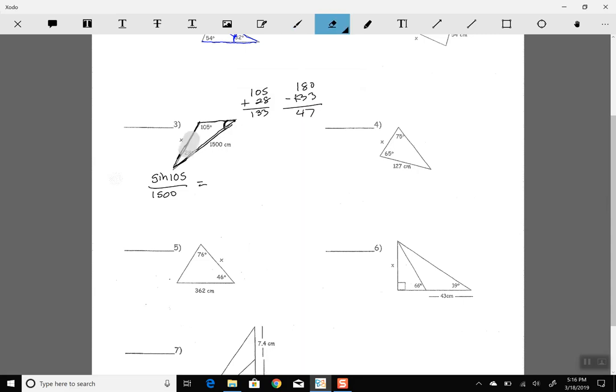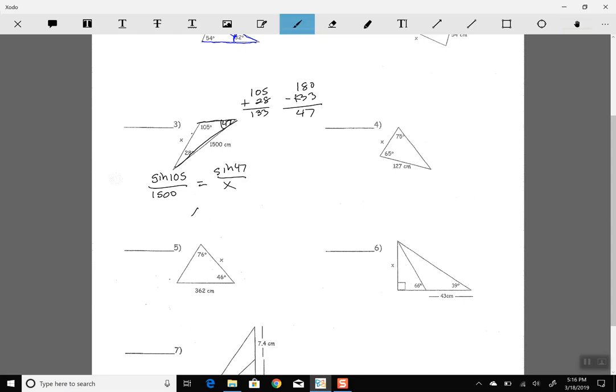So this is really 47 degrees down here. And so again, this angle opens up to this side X. So it's going to be sine of 47 degrees over X.